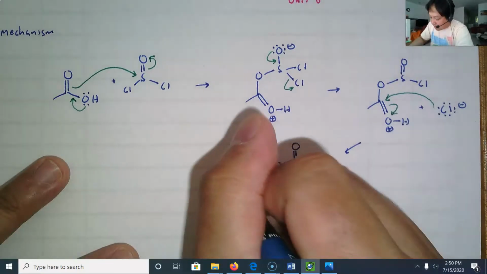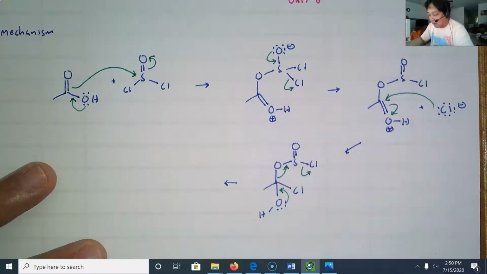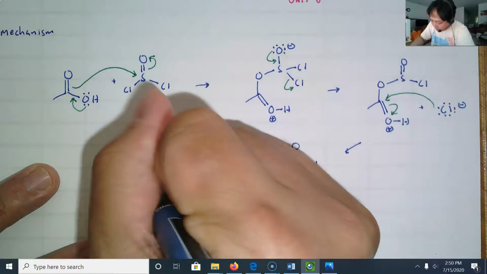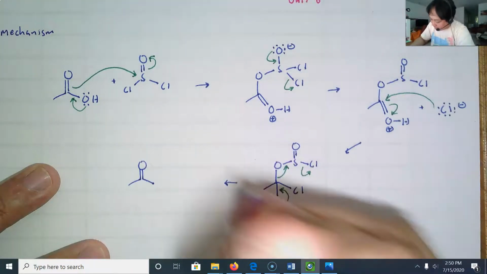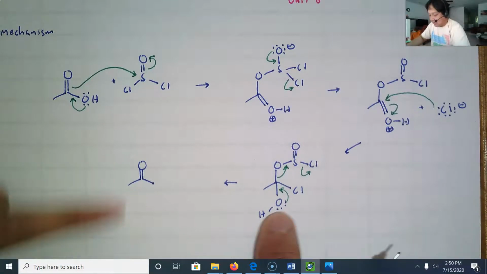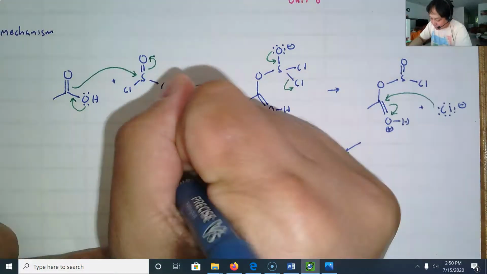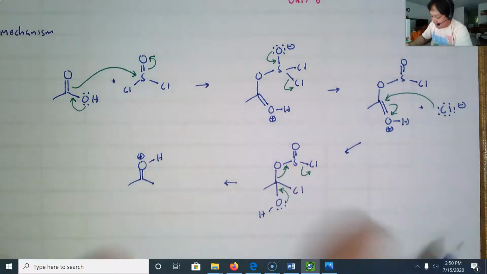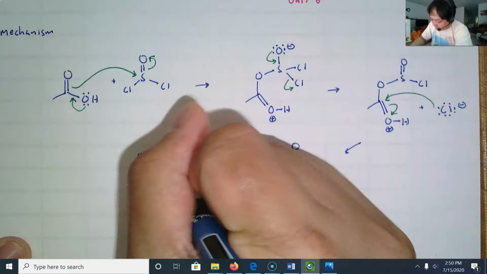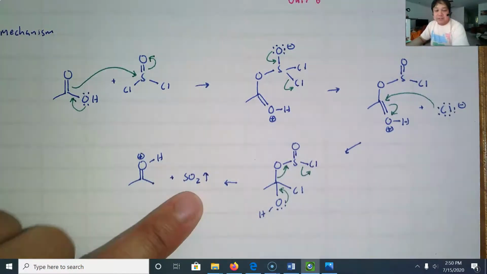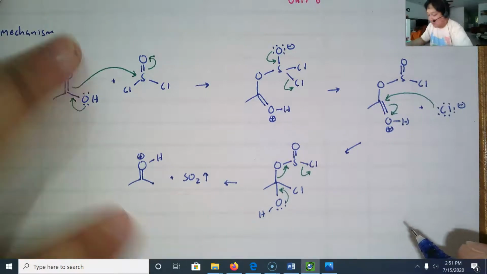Just like with alcohols to alkyl chlorides, you make SO2 the gas, you also get the same thing here. And we're basically done. That oxygen is actually this one down here, and it still has its hydrogen. That one left to make SO2 gas. And you could represent gas with a parentheses G or an arrow going up.